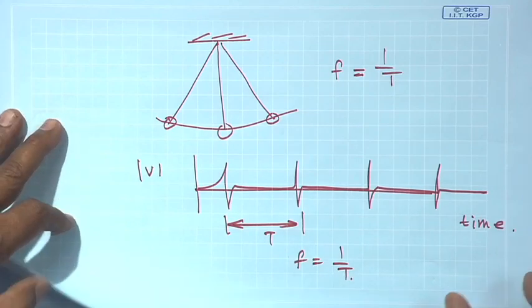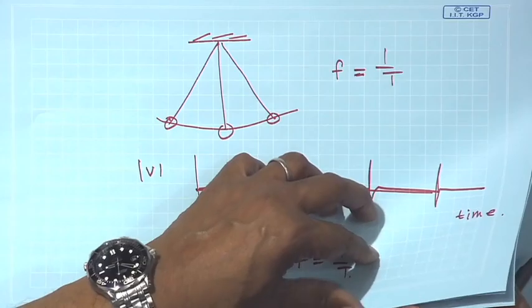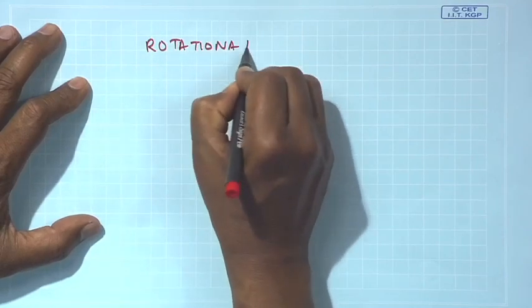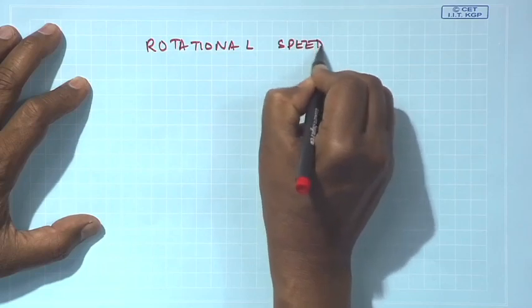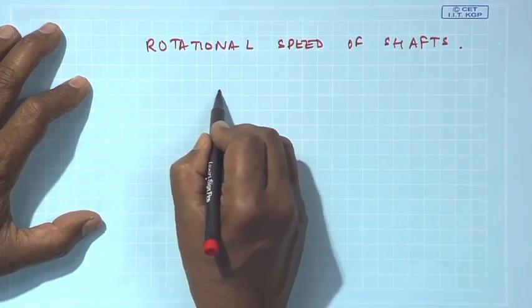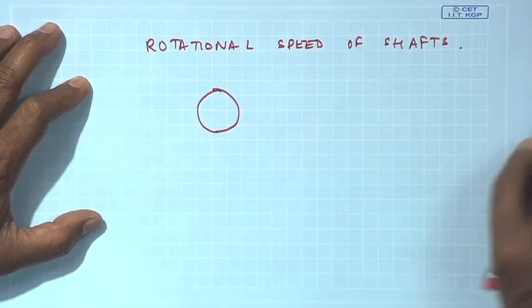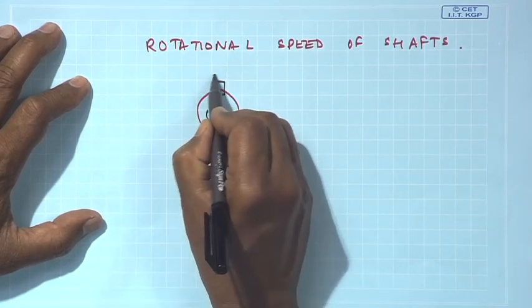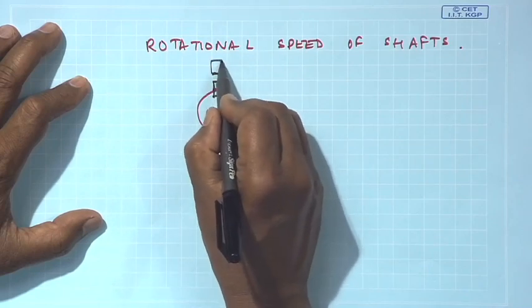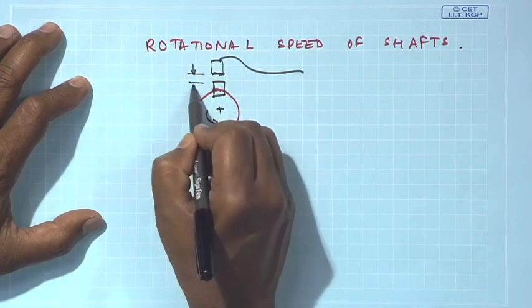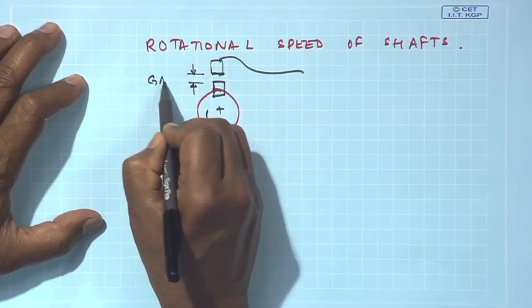In fact, in the industry you will see that many times we need to monitor the rotational speed of shafts. How do you do that? So, for example, a shaft is rotating. Essentially, a shaft has a key. If I put a probe here, a reluctance probe, which senses the gap, the voltage produced is proportional to this gap here.